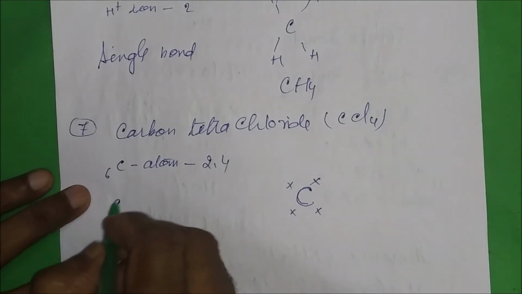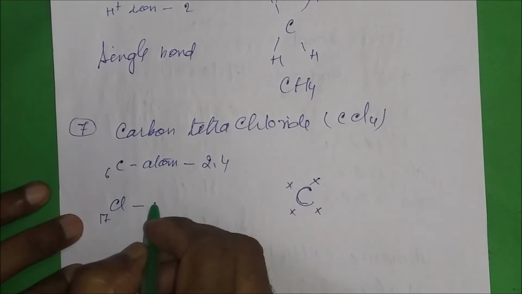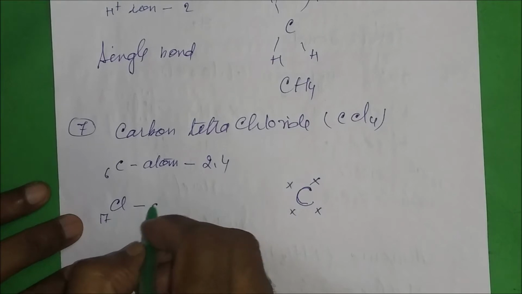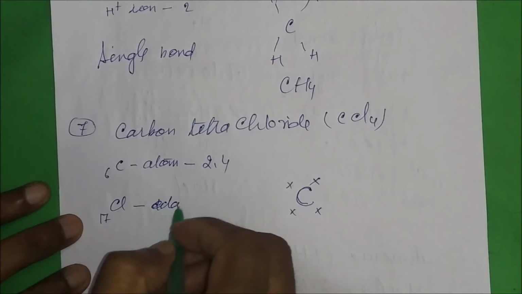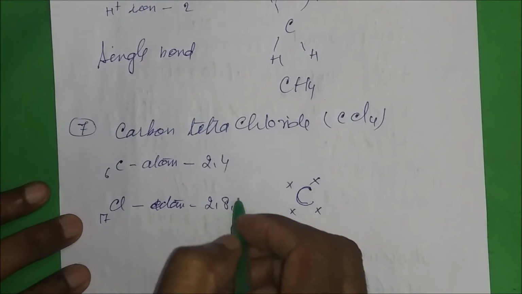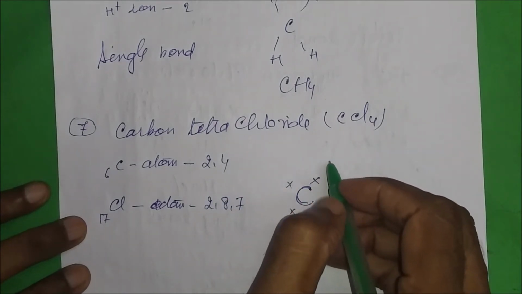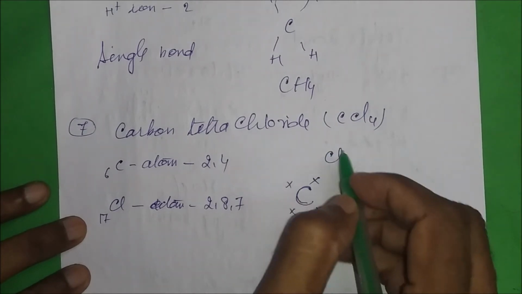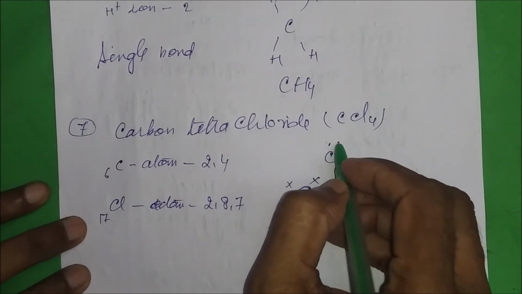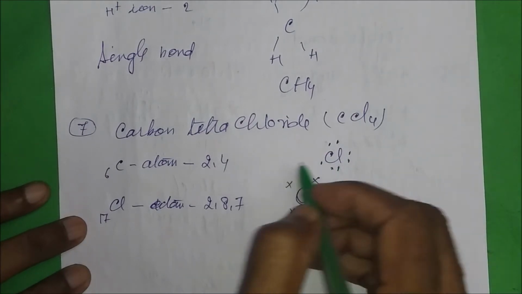See that chlorine, 17 is there. So these are the atoms. Electronic configuration is what? 2, 8, and 7. Right? So here, when you write chlorine, 7 should be outside. Suppose 2, 4, 6, and 1, 7.